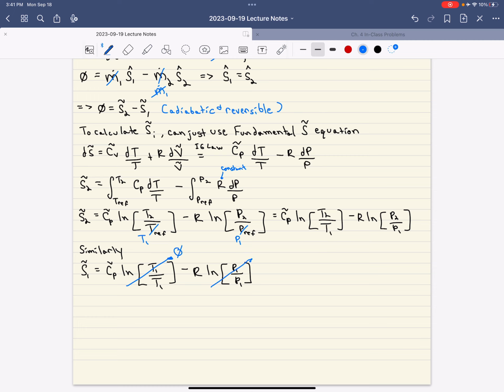And the same thing here. And so we find that our entropy, S1, which is at the reference conditions, is exactly equal to 0. So I want to highlight that here. Entropy is 0 at the reference conditions.